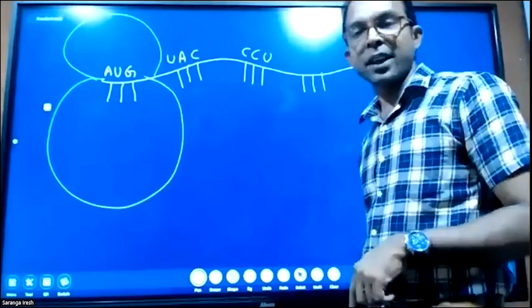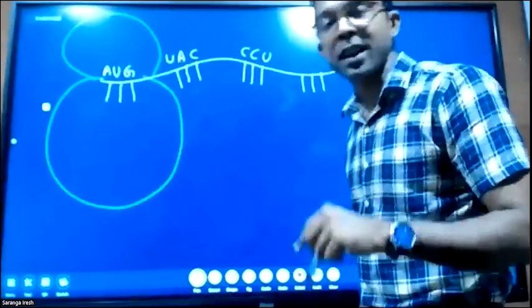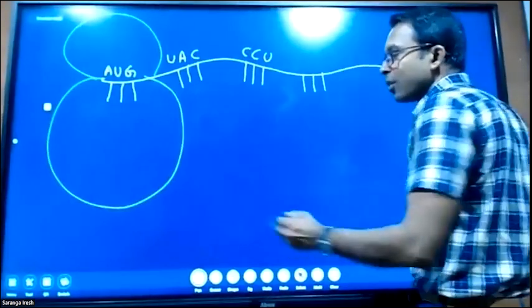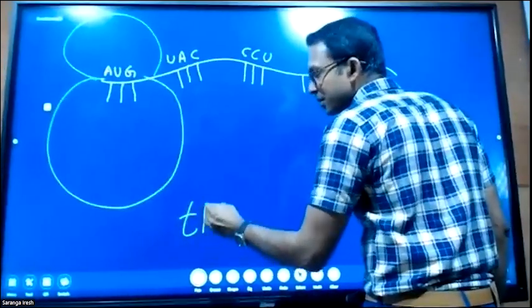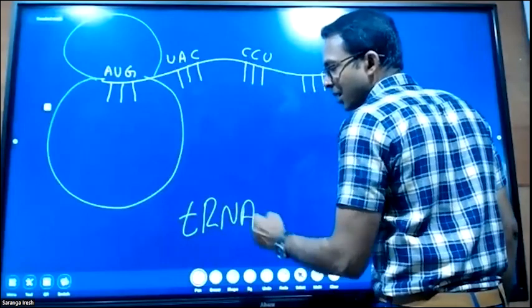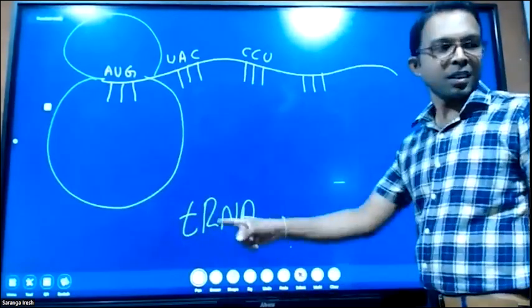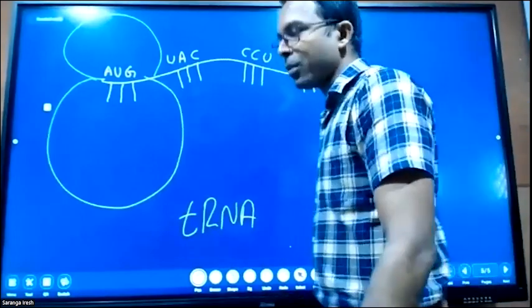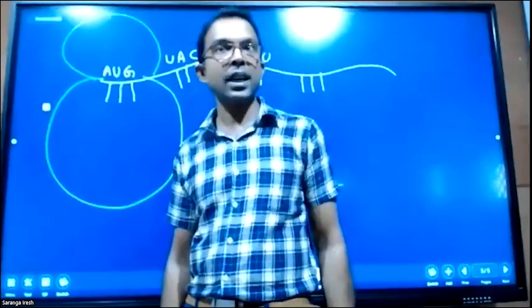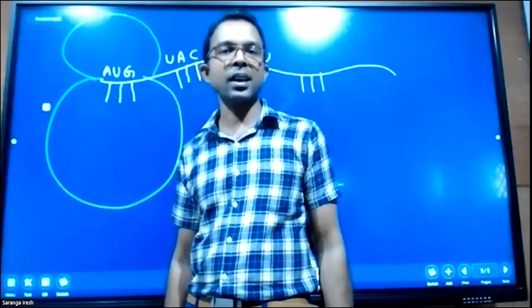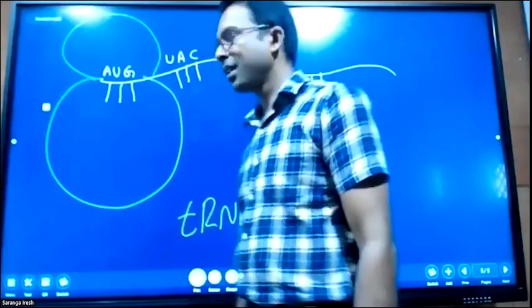Then in the cell cytoplasm, there is another RNA molecule which is called tRNA, transfer RNA. There is another RNA molecule called tRNA. Okay.